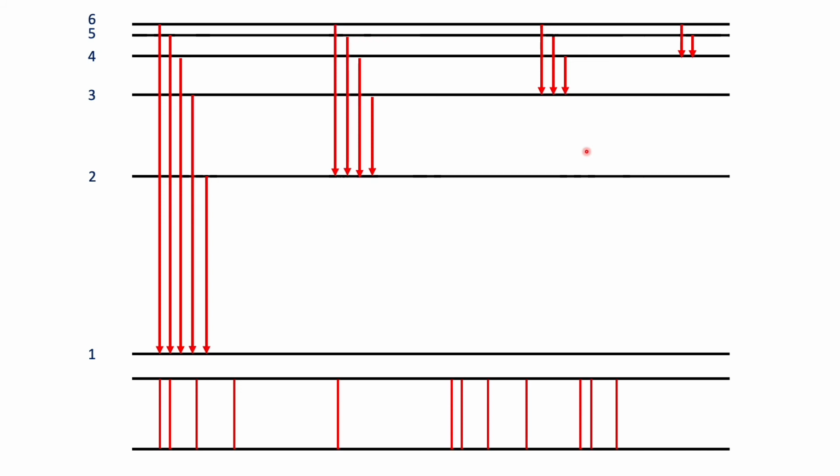Now, can you predict the positioning of the fourth set of spectral lines? There are two transitions, so there should be only two spectral lines with an energy difference similar to the energy difference in the first two transitions of each set.